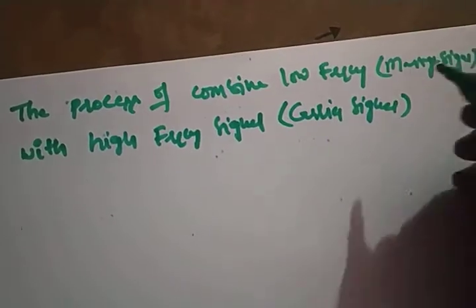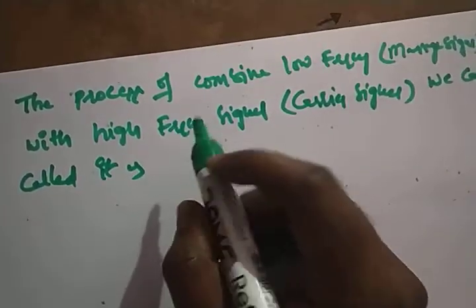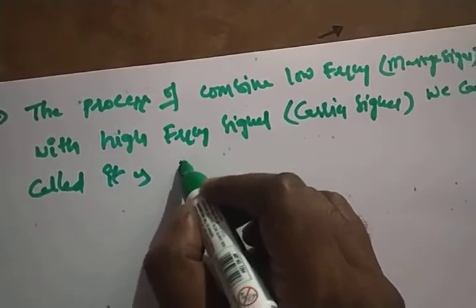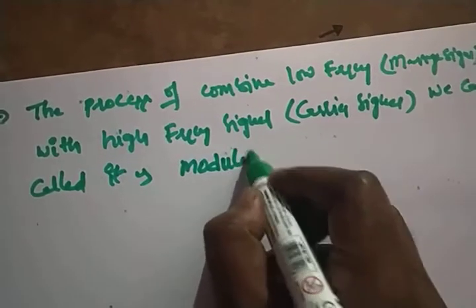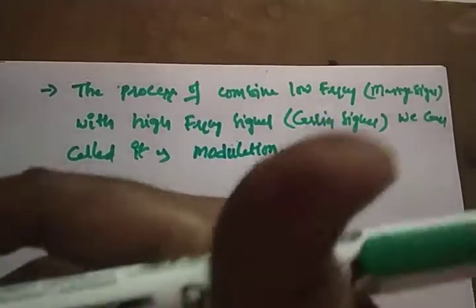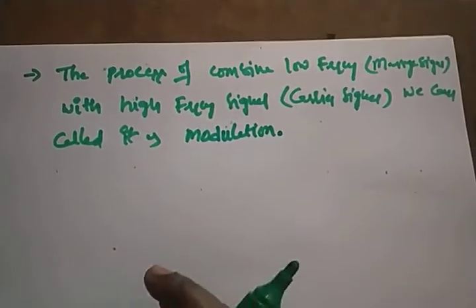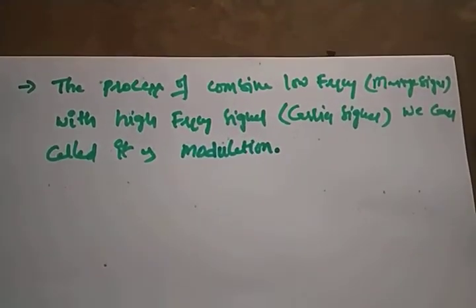The process of combining, we can call it modulation, right? So the process of combining a low frequency signal with a high frequency signal, we call it modulation, in order to transfer for large distances, right?